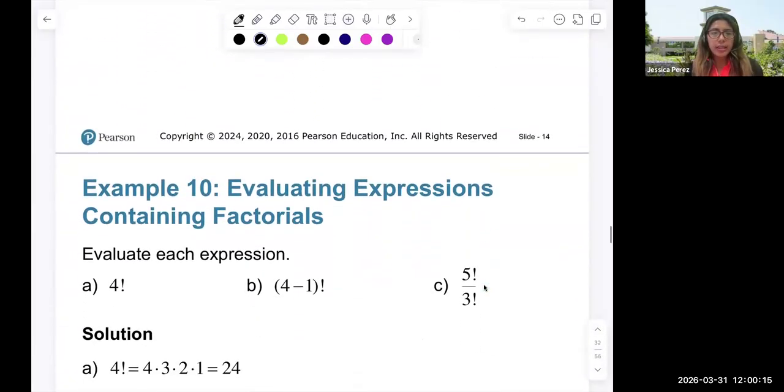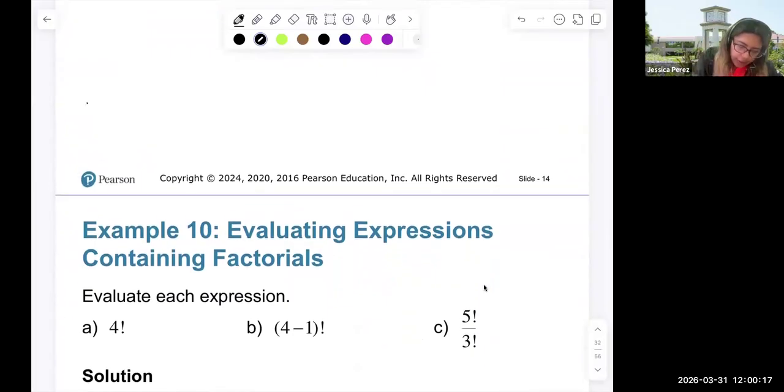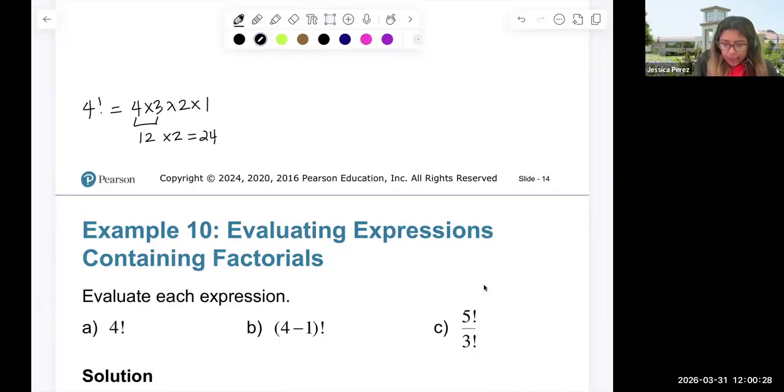What if I want to evaluate 4 factorial? 4 factorial is the same as 4 times 3 times 2 times 1. 4 times 3 is 12, times 2 is 24, times 1 is 24. So 4 factorial is 24. You can also use your calculator to evaluate factorials, which makes it easier.